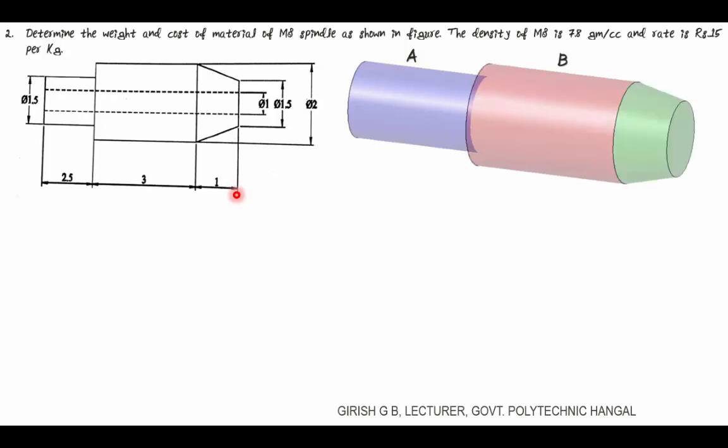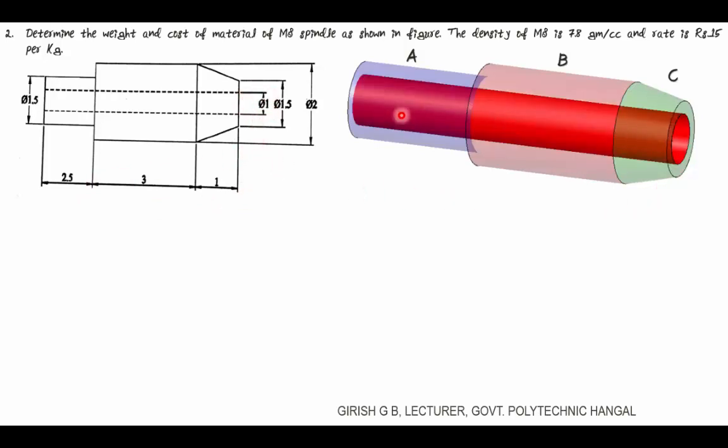Its length is 1 centimeter. Let's call this as part C and the corresponding volume as VC. Here we have a hole over the entire span of the MS spindle. So that is 2.5 plus 3 plus 1, which will be 6.5 centimeter, and its diameter is 1 centimeter. Let's call this as part D.